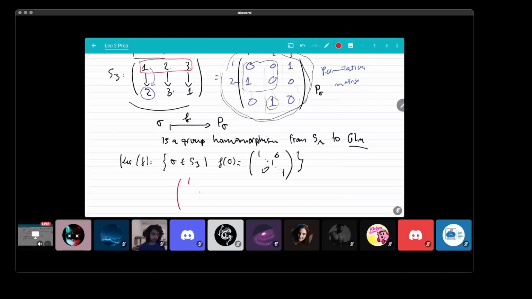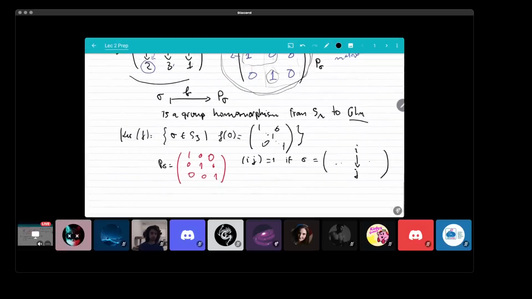So an example in S3 again. By how we constructed this matrix, each coordinate ij is 1 if in the permutation i gets sent to j.